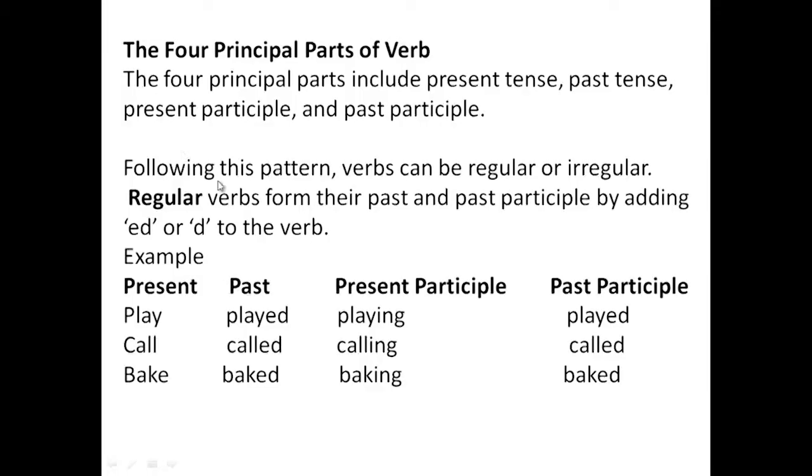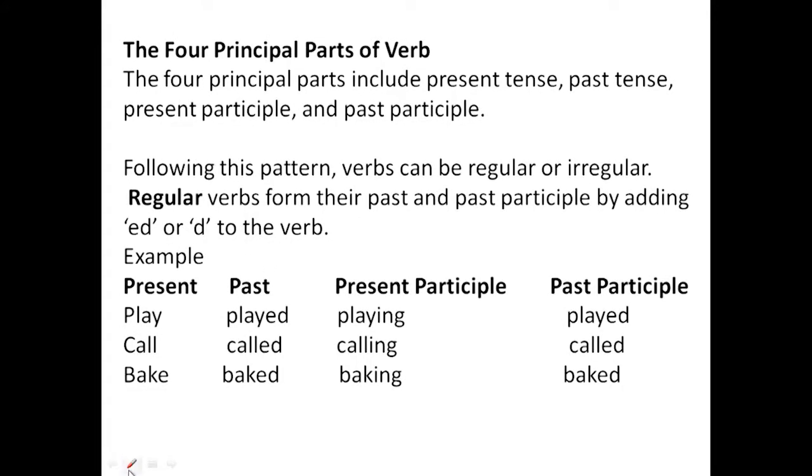So let's have a look at the regular forms. I've of course defined for you what regular and irregular are about. So let's come to the regular aspect. We say we have play, played, playing, played. Remember, regular verbs form their past and past participle by adding ed or d to the verb.